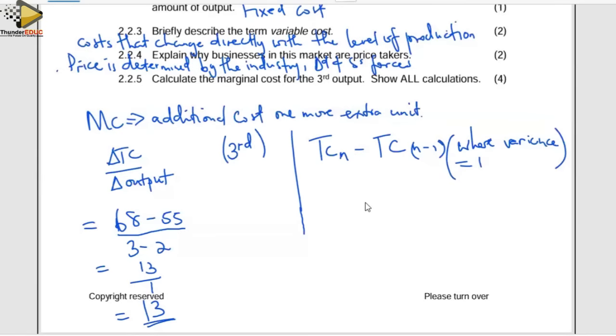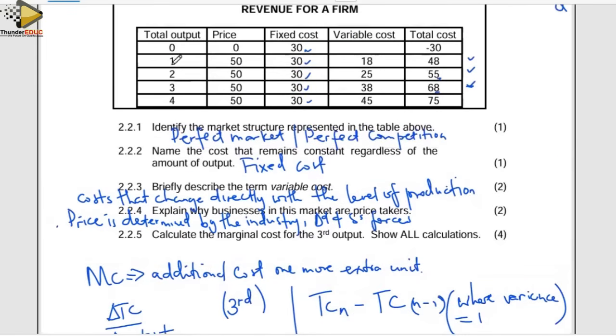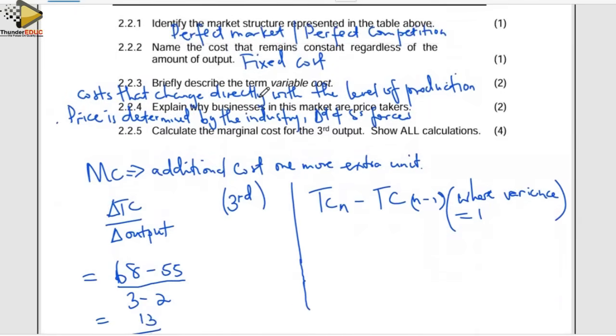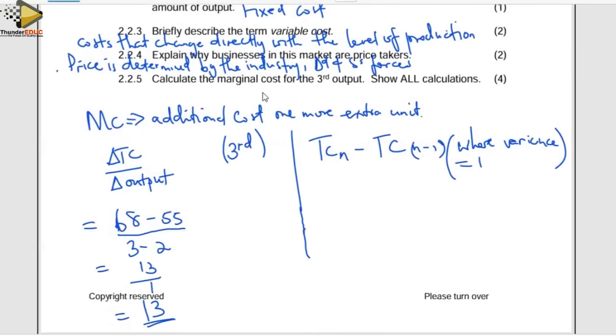Or simply getting back to TCn minus TCn-1, our variance in output is 1 because our total output is changing by 1, from 1 to 2, 2 to 3, 3 to 4. Our variance is equal to 1. So we can simply use total cost. We want the third unit.